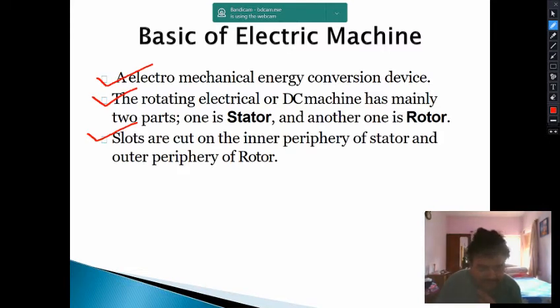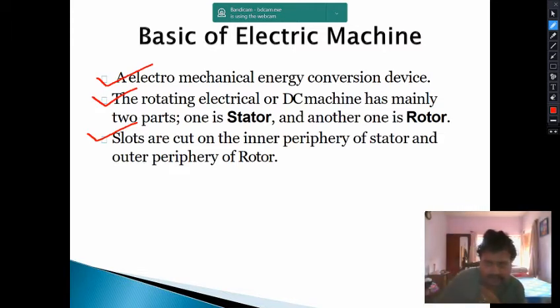After that, we discussed the laws involved in properly understanding an electrical machine. Also, we discussed how a generator operates and how a motor operates, the two modes of operation, that is generating and motoring.